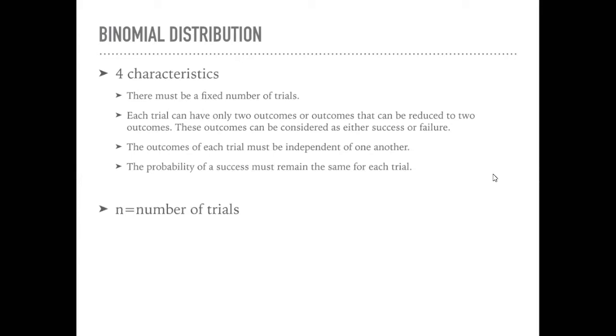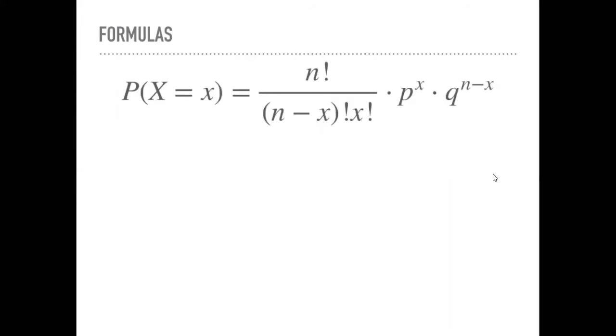A few things that we want to keep in mind as we're looking at binomial distributions. n is going to stand for the number of trials. p is going to stand for the probability of success. q will stand for the probability of failure. And q should be equal to 1 minus p. So some formulas for the binomial distribution.